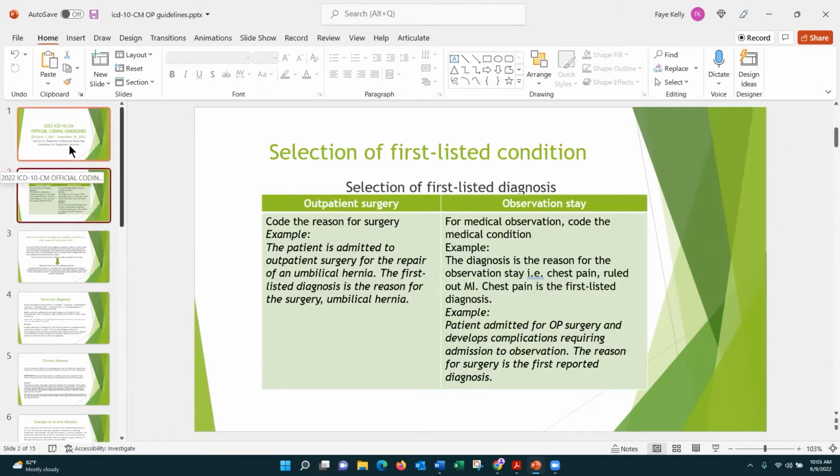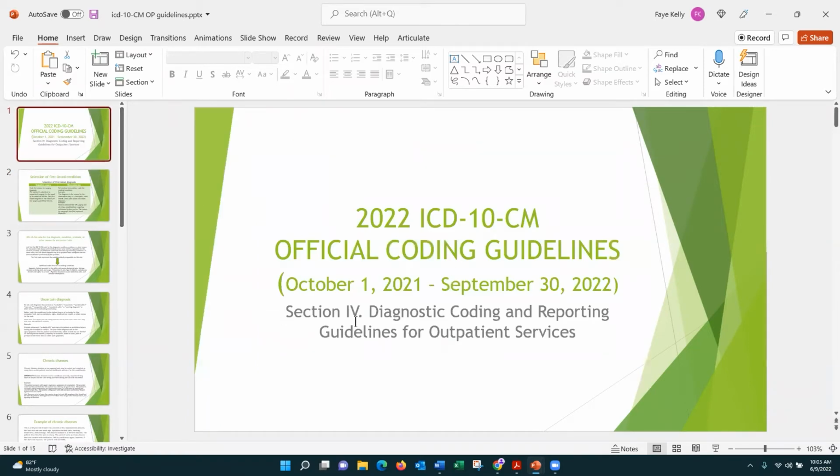All right, so we're in section 4, diagnostic coding and reporting guidelines for outpatient services. So when you pull up your guidelines and find a code, or if you go to the CMS website, wherever you get them, this is going to be section 4.